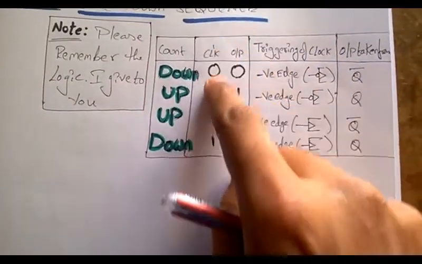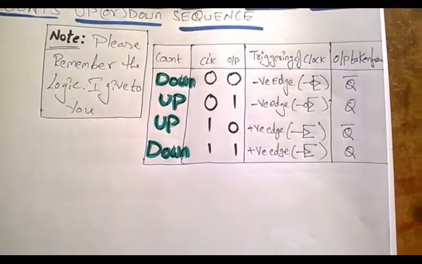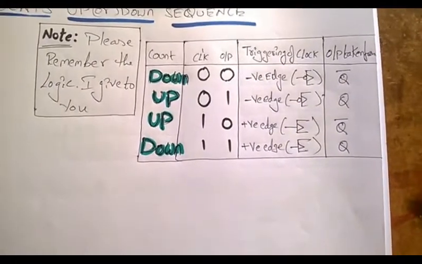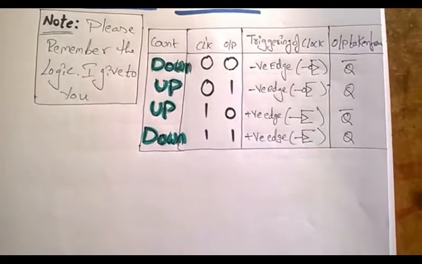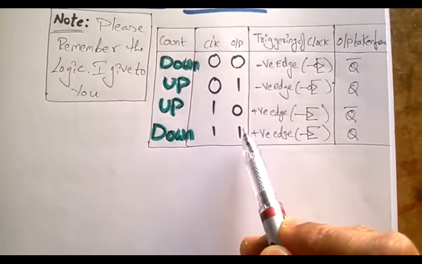Remember this logic. We know for two variables what the possible combinations of input are. If we are given two bits, the possible input combinations are 0 0, 0 1, 1 0, 1 1, right?